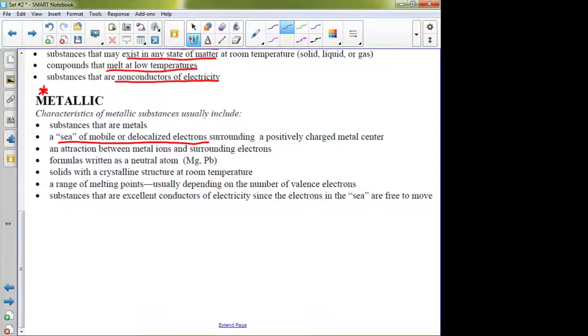For instance, if you're wearing any jewelry, ladies, is that just one atom of gold in your ring? No, it's millions of atoms of gold. It's a metallic bond. The metal's bonded to a metal. Why? It's an attraction between the metal ions and the surrounding electrons. Because remember, let's take copper, Cu.